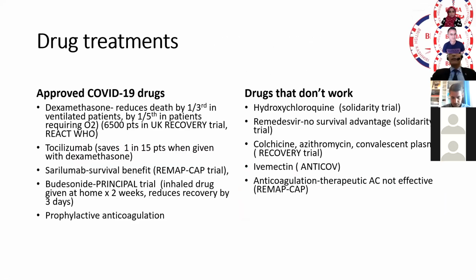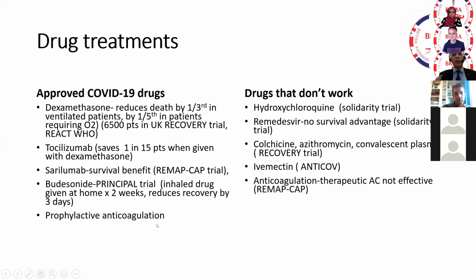I just wanted to briefly mention that there are only a handful of drugs which have been found to be useful in this condition. And you all know that dexamethasone is one of them. And there's also the monoclonal antibodies like tocilizumab and sarilumab. And recently, budesonide has also been found to be of some effect in patients who are managed at home.